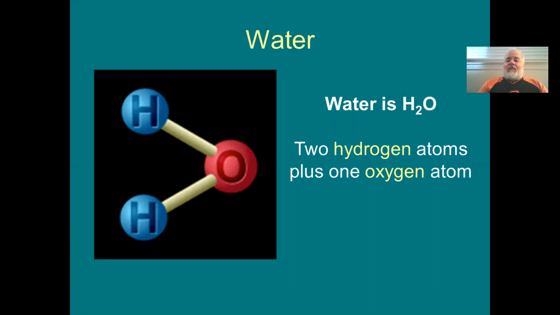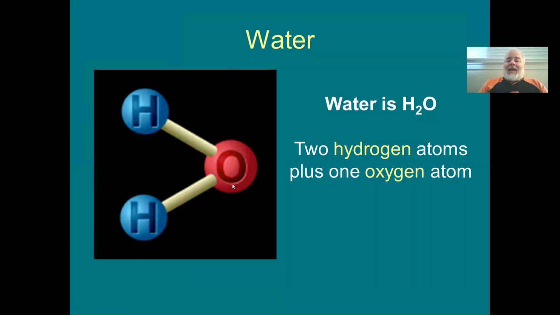So we're going to skip that for a second and look at something more complicated. Water. Water is 2 hydrogens bound to 1 oxygen. And you'll notice here it is at an angle. It is not straight across with 1 hydrogen on either side. This makes water polar because the hydrogens only have 1 proton in the nucleus.